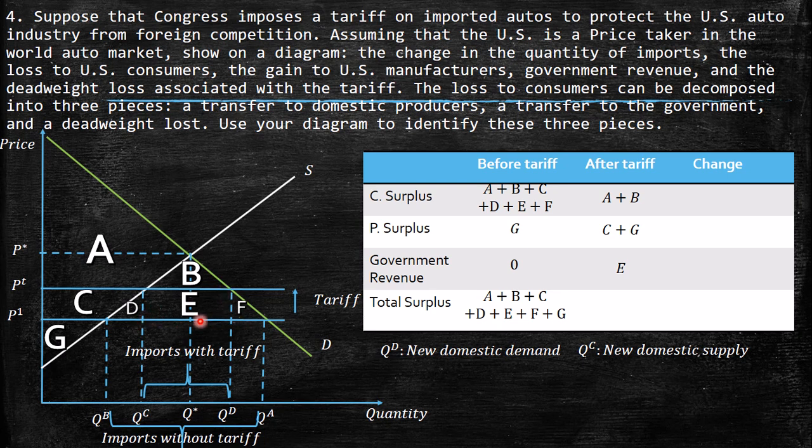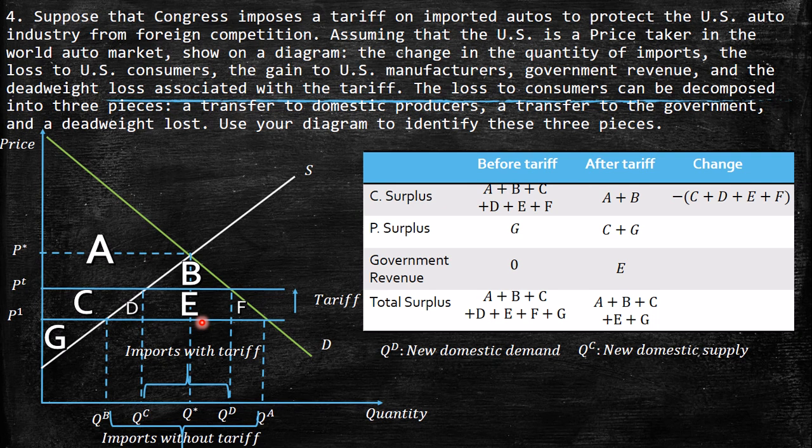So the base is the quantity of autos imported, times the tariff size. So all this E is the government revenue. So here we have the total surplus: this triangle from the consumer side, the producer surplus, and this E, which is the government revenue.